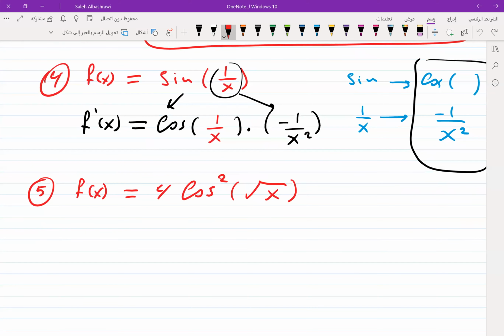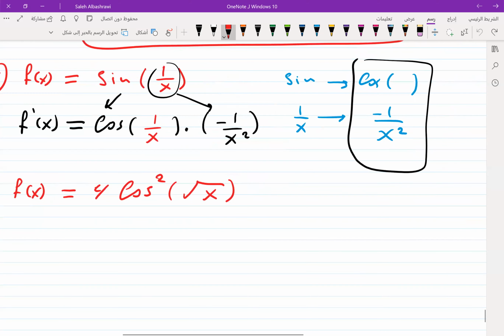See how many functions we have in this problem, or in other words, how many boxes I have. You will see that we have the power 2, because this can be written as 4 times cosine of square root of x, all squared.